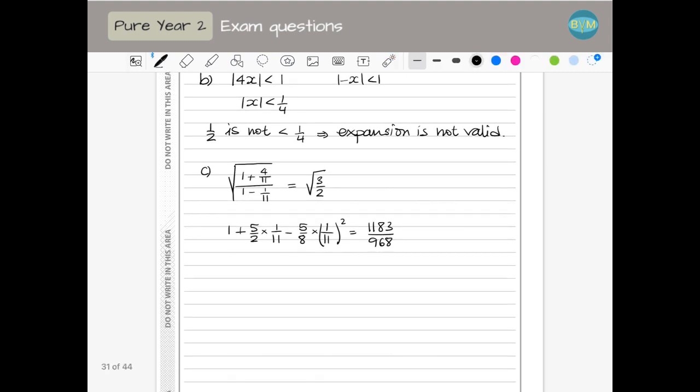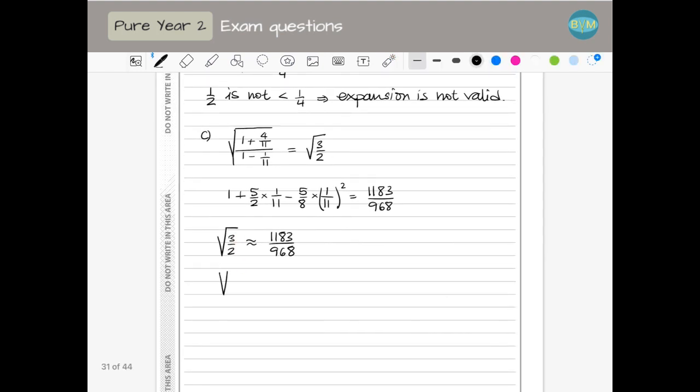So I know that √3 divided by 2, so the left-hand side can be approximated by this. But I need √6. So I need somehow to find √6 here. So what I have is a fraction. I can multiply by 2 and divide by 2 to have an equivalent fraction. And that way I will have √6 divided by 4, just multiplying the fraction by 2, numerator and denominator.